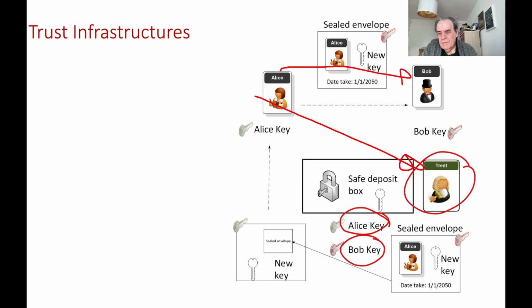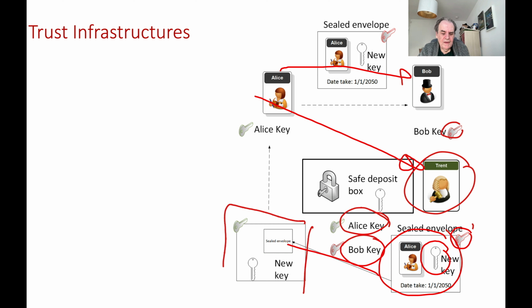So Trent will now create a new key for the connection, and then seal an envelope with Alice's identity and the new key, and then encrypt it with Bob's key. Next, he'll wrap it up with the new key and the sealed envelope for Bob, and then encrypt with Alice's key.